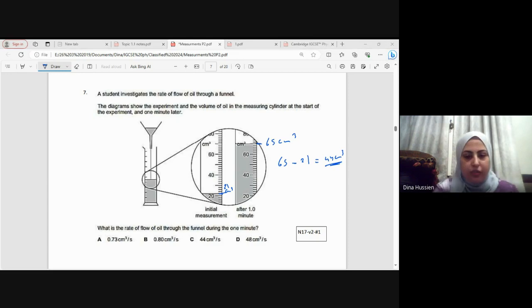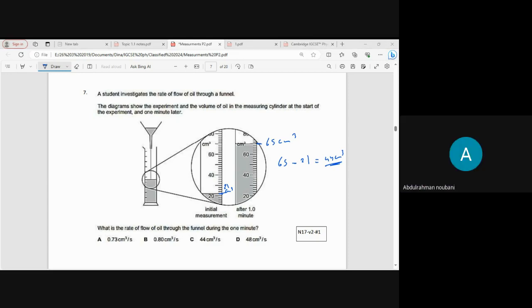What is the difference between both of you now? Miss, for the difference, I didn't get this answer because it's 70 here, not 65, because every unit is 2. Can you repeat this again?